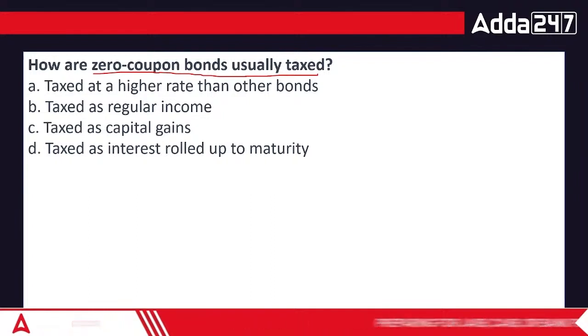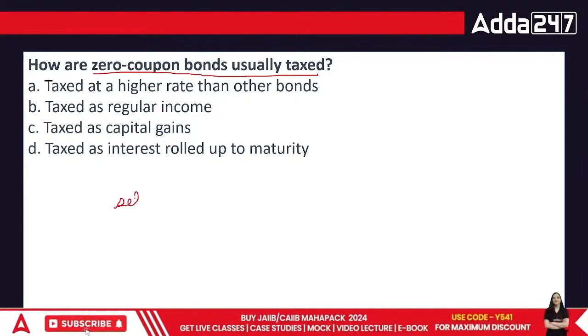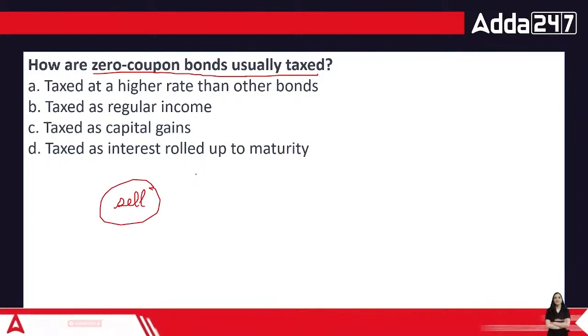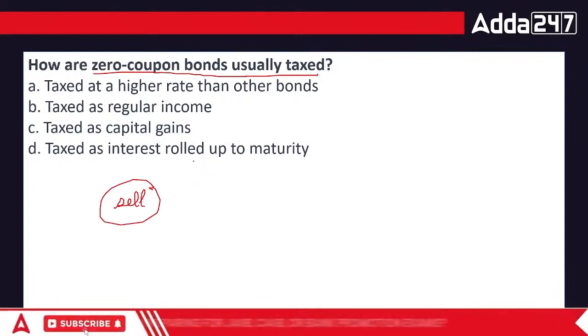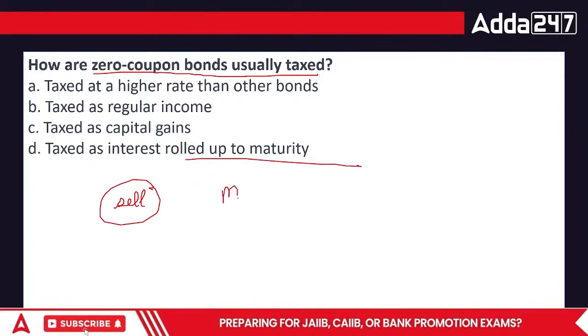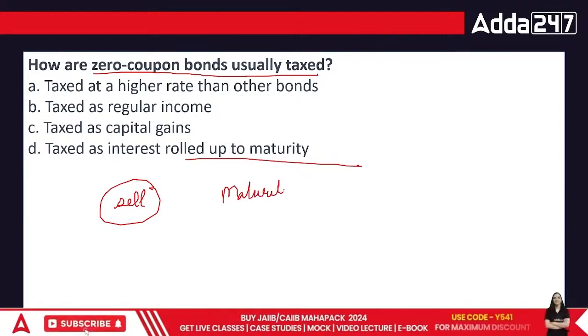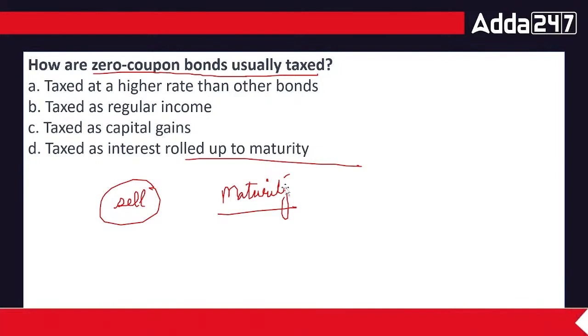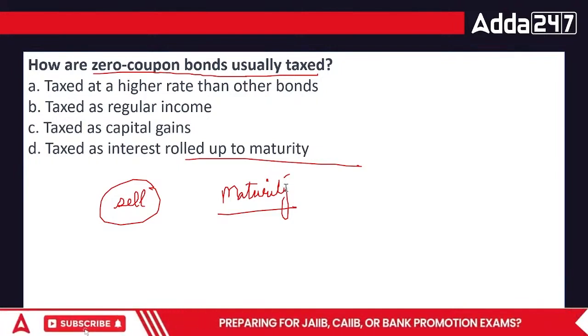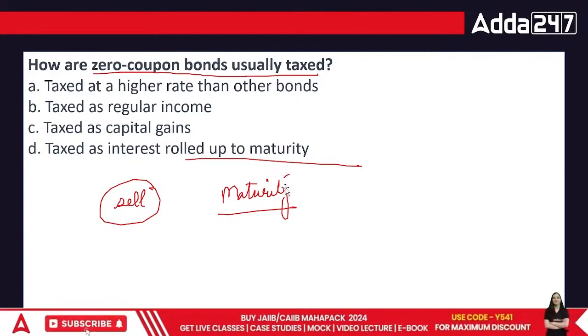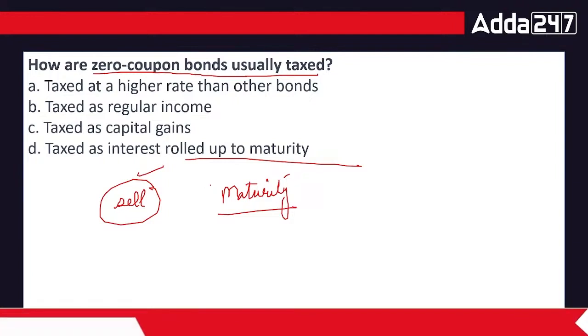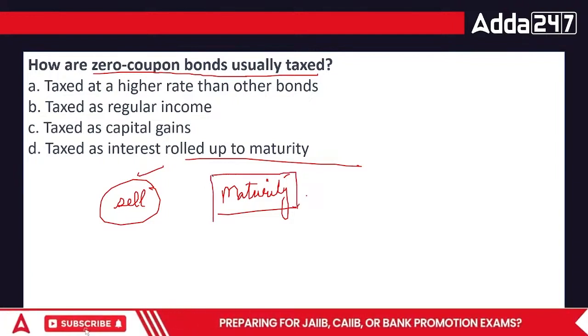Acha everyone, whenever you sell or a particular thing reaches up to a maturity period, this is not only for bonds, this is for every investment. After a certain period of time, you will receive money. So when we receive this money, this is normally when you either sell it before time or at the time of maturity when the company makes a repayment.